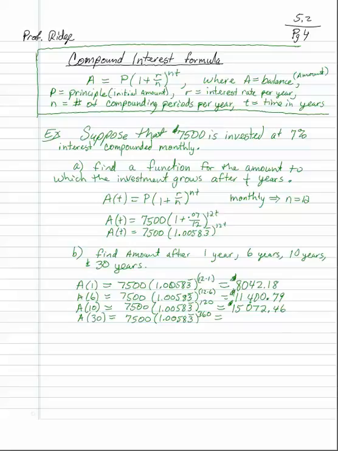So we're going to do 7,500 times 1.00583333, as many threes as you can fit. Depending on how many threes you put in, you might be off in the thousandths place, or maybe even off by a penny or something.